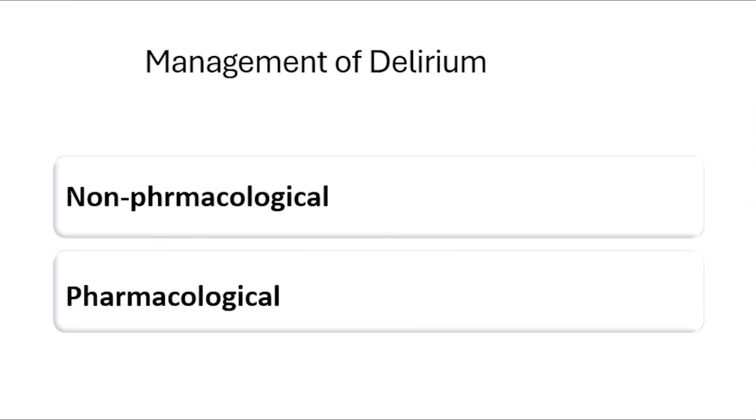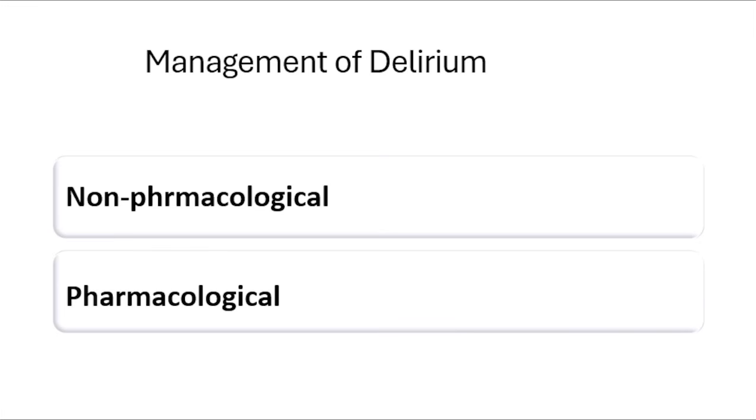And pharmacological management: if you look at the research carefully, there's no evidence for pharmacological management, right? Most of the time, we treat the patients pharmacologically. Pharmacological management has to be low dose and for the shortest duration of time.